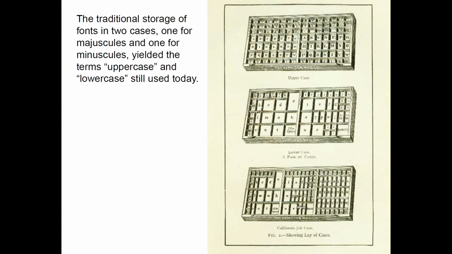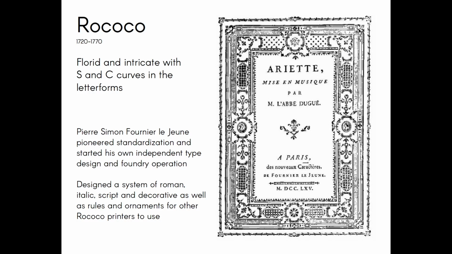You're already going to know this: uppercase and lowercase, the majuscule and the minuscule. So we are still using that terminology today, and it stems from right here. Our uppercase, of course, denotes the start of a sentence, names, etc., and lowercase is the rest of it. It's going to be one of those clues that help us read a little bit better.